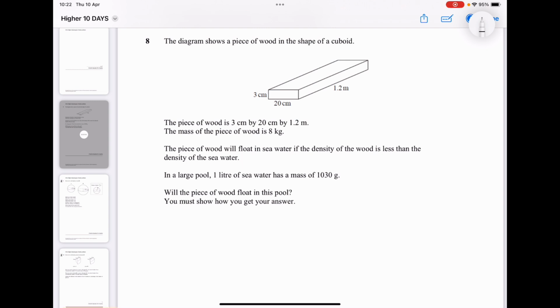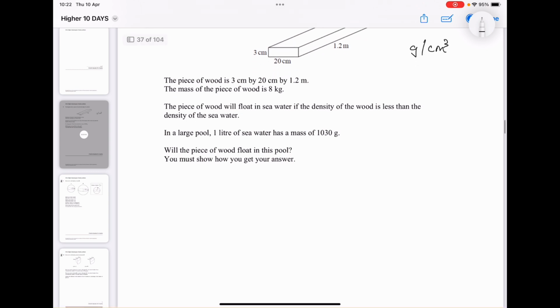So, diagram shows a piece of wood in the shape of a cuboid. The piece of wood is 3 centimetres by 20 centimetres by 1.2 metres. So I'm going to need to change everything to centimetres, I think. The mass of the piece of wood is 8 kilograms. So this is just about getting standard units that I can compare. So I'm going to work with grams per centimetre cubed.